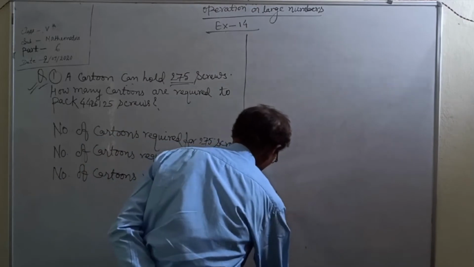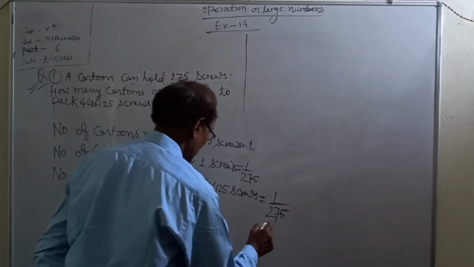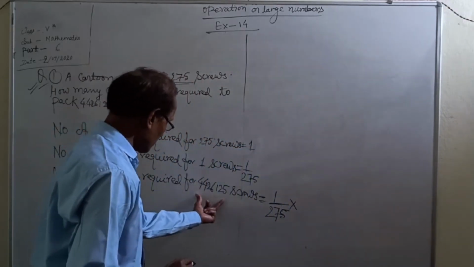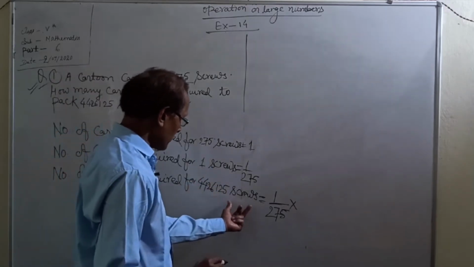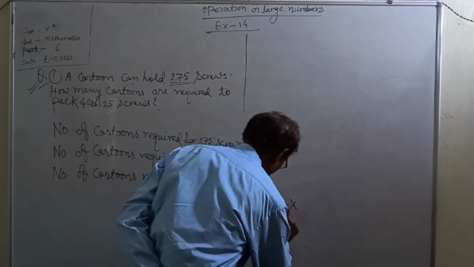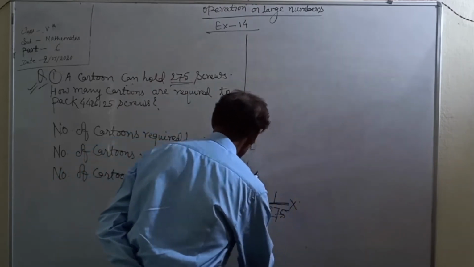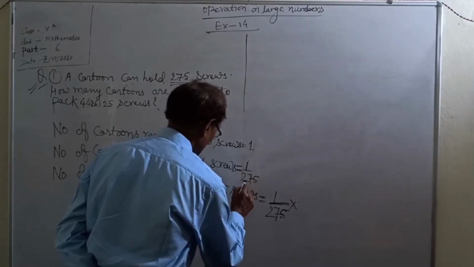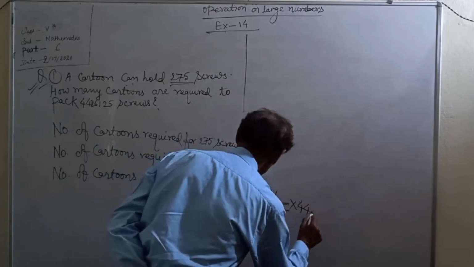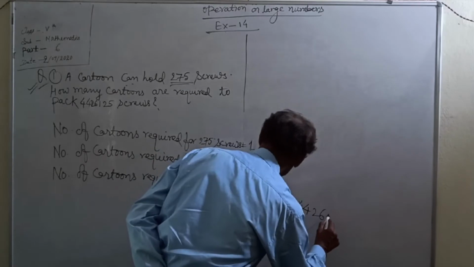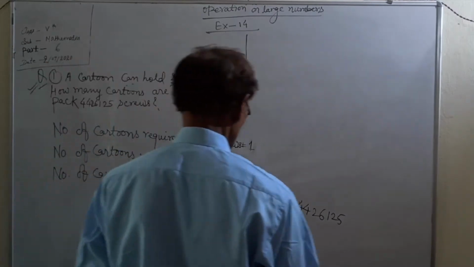So whatever value you have got for 1, we will multiply that value by 44 lakhs 26,125, and after division, whatever the value is, that will be the answer.